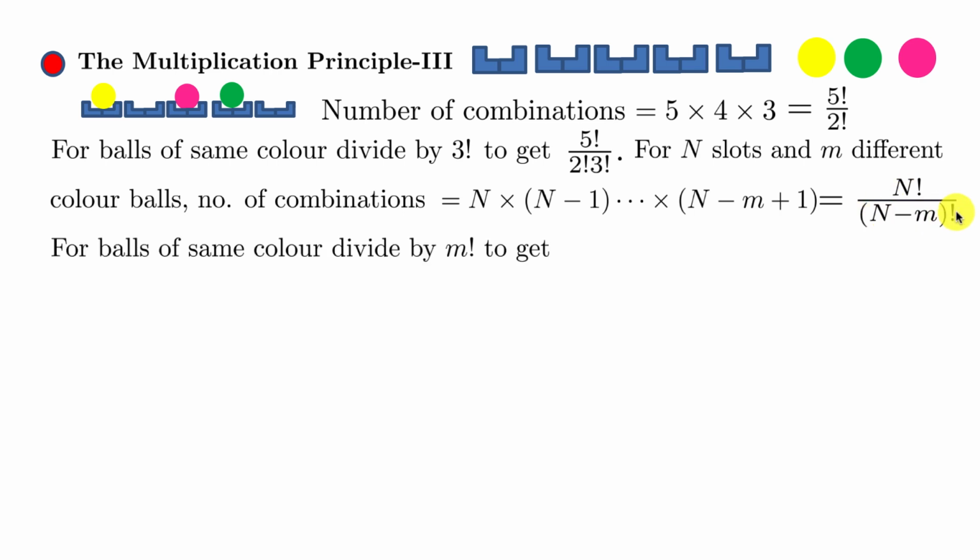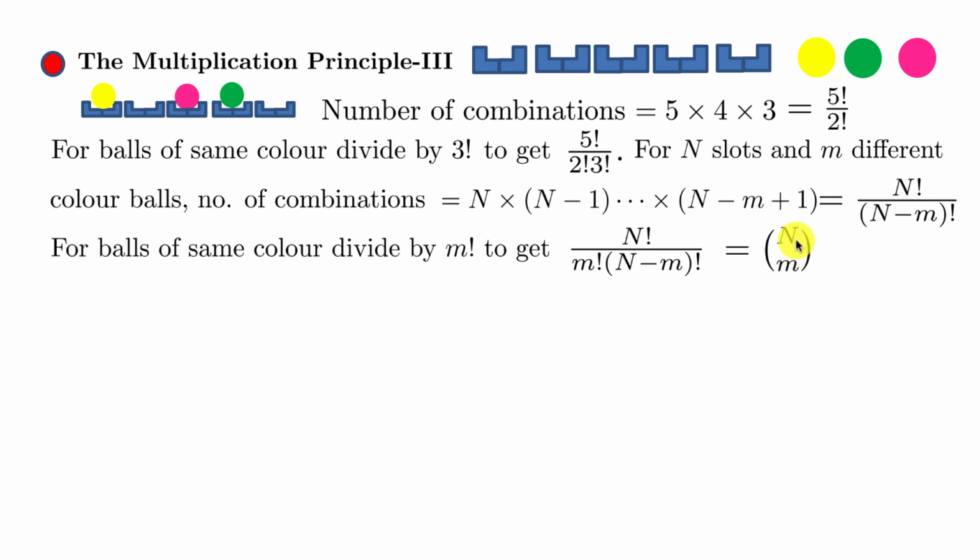To carry this one step further, suppose that the balls have the same color, in which case you would divide by m factorial to get this. N factorial over m factorial into n minus m factorial, which we call n choose m.